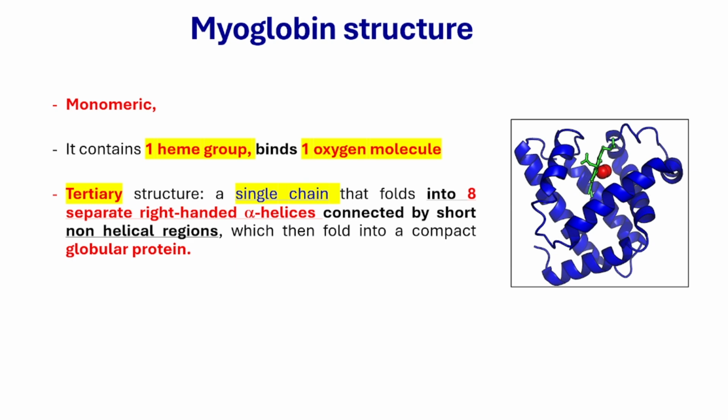We have 8 helices, all of them right-handed, okay? And as you can see here, we have the hem, which carries your molecule of oxygen, okay? So myoglobin has only one site for oxygen, and it carries only one molecule of oxygen, okay?